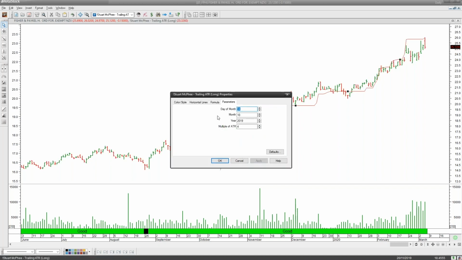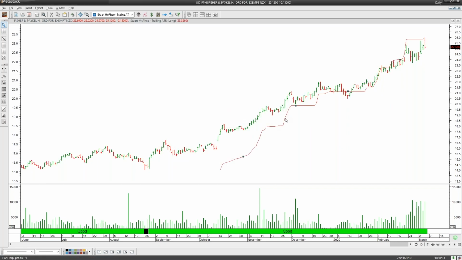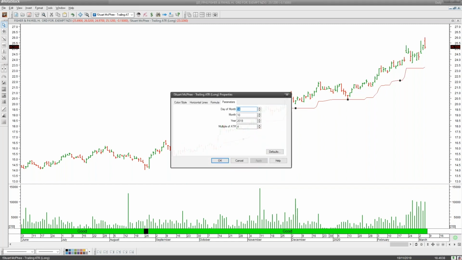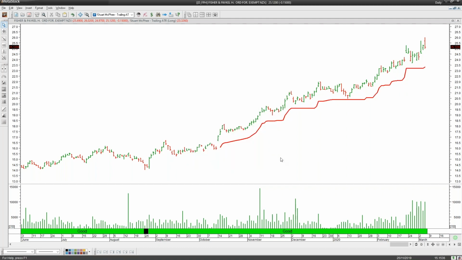Just need to adjust the scaling here. Again, put on the spot, and I cannot for the life of me click. There we go. That's better. Hopefully you can see that okay. I'll just make that a bit thicker. There we go. So I always share this with people. That's my trailing ATR stop.